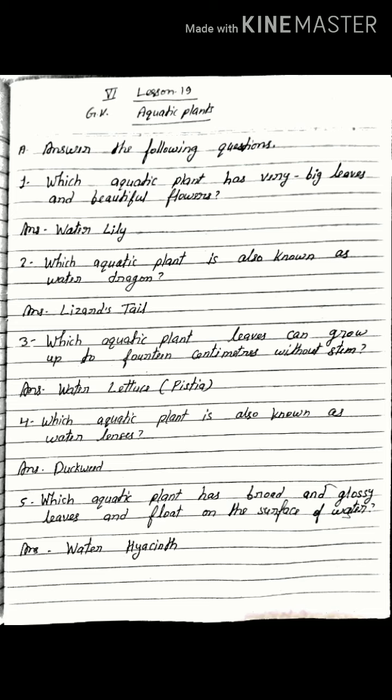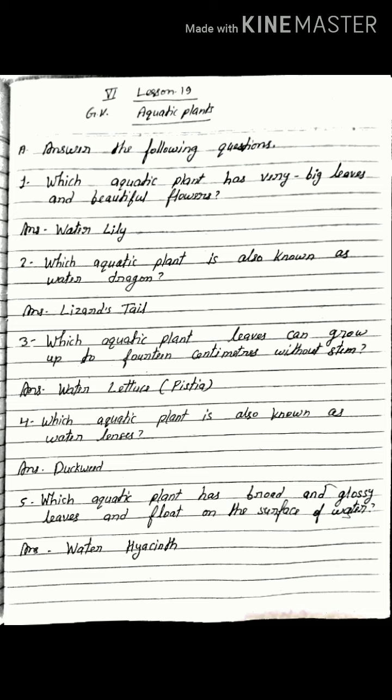Question number 4: which aquatic plant is also known as water lenses? The answer is duckweed. Question number 5: which aquatic plant has broad and glossy leaves and floats on the surface of water? The answer is water hyacinth.